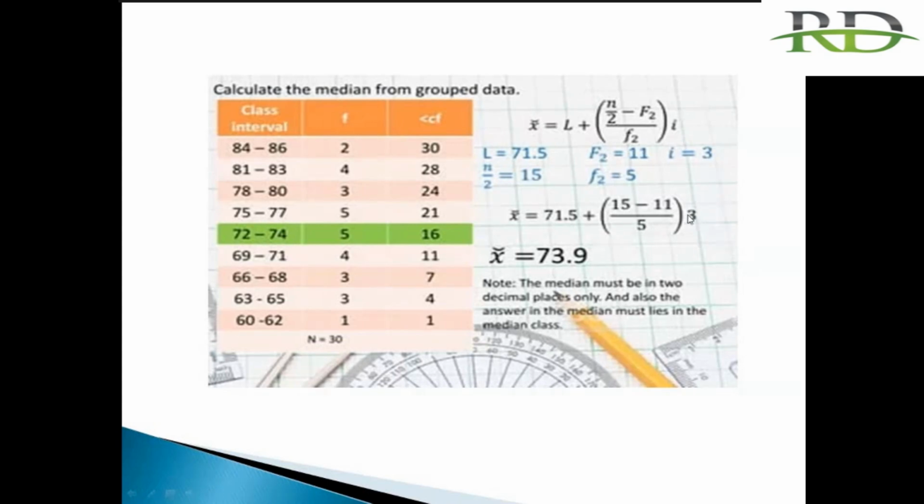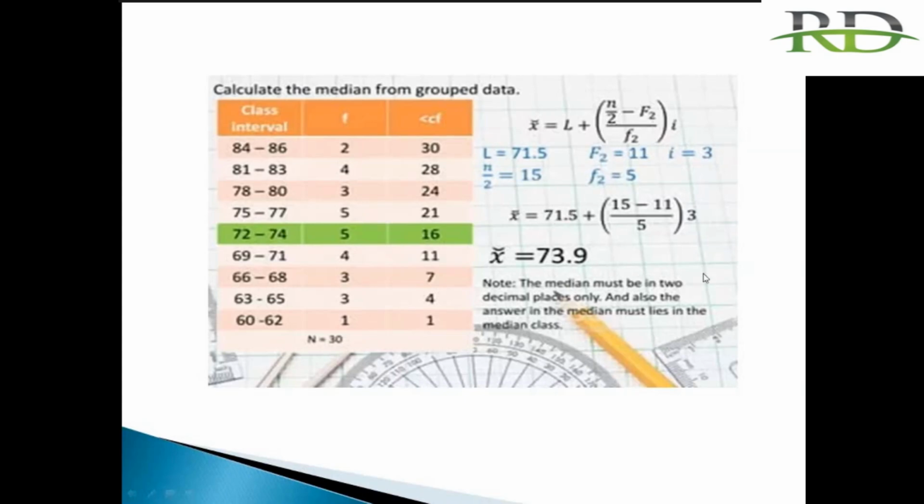Just put here 74 minus 72, it is 2, not 3. i is 2, not 3. So you make it correct. Your L1 is this 72. You have to make the corrections in this formula. This is not the correct value.